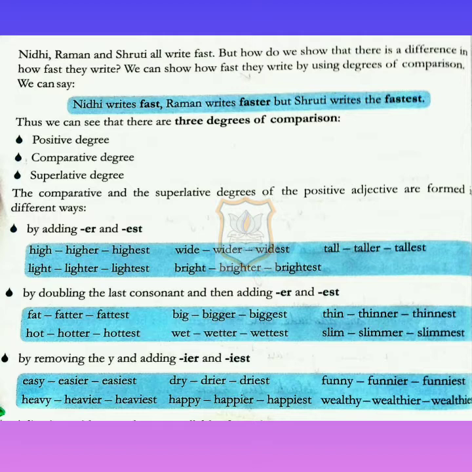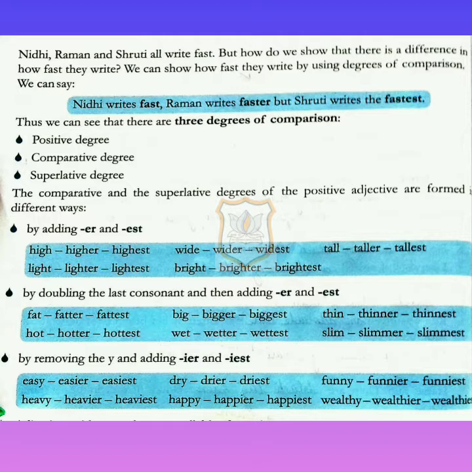So it becomes fatter and fattest. Hot, hotter, hottest. Big, bigger, biggest. Wet, wetter, wettest. Thin, thinner, thinnest. Slim, slimmer, slimmest.